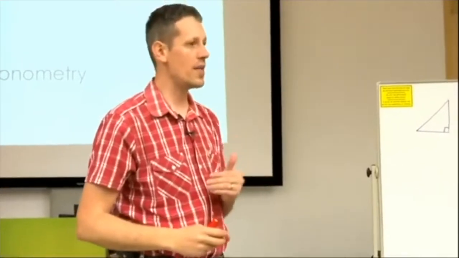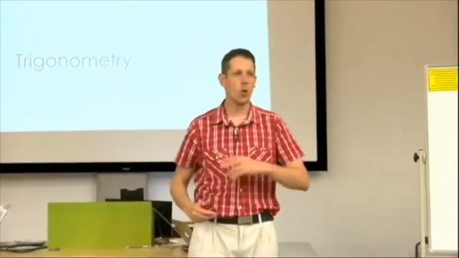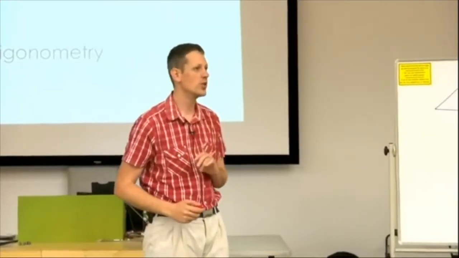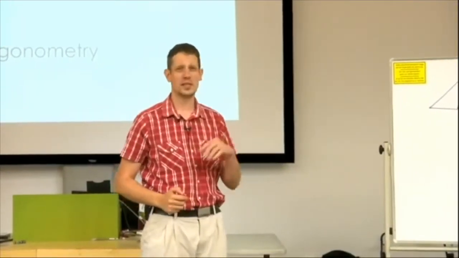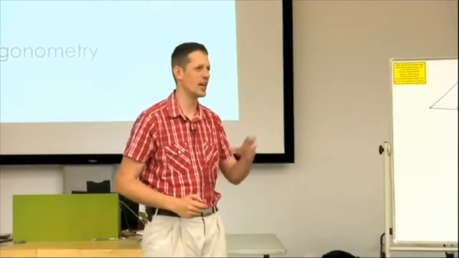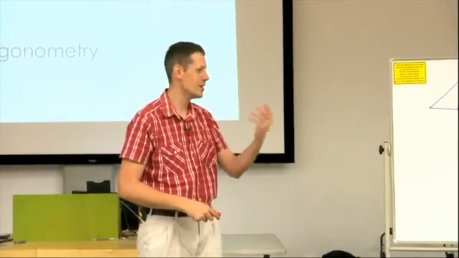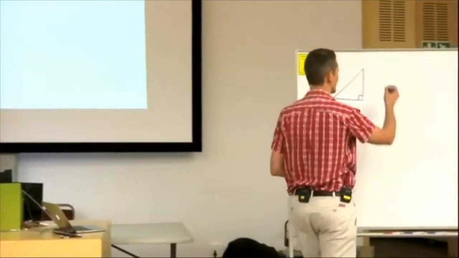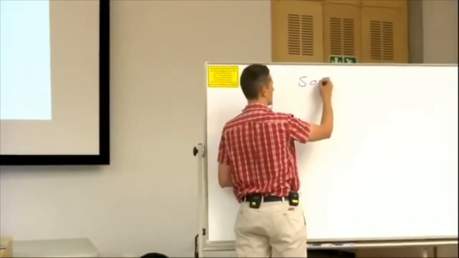Now, hopefully by this time of the day, you guys will know SOHCAHTOA, or whatever your teacher taught you. Okay, some old hens cackle and howl till old age. I don't know, there's so many different mnemonics about this. I love to teach my guys SOHCAHTOA.